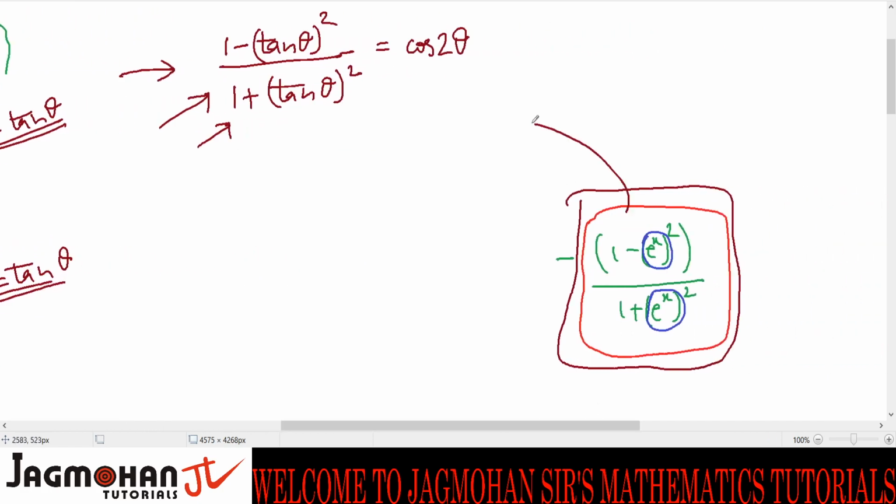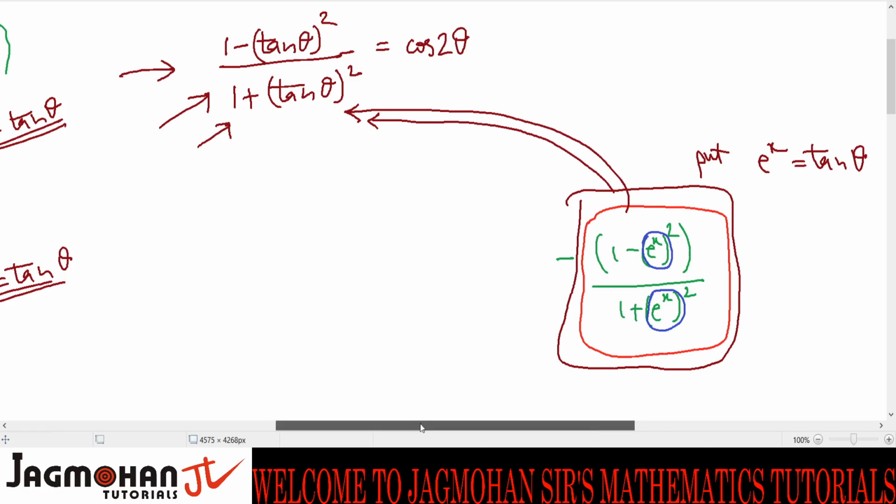Further, if from this expression I want this formula, what should I do? Students, tell me. Take your own time. Very good. I will put e raised to x equals tan theta. So what I want you to understand is that in this video and the coming video I am going to teach you substitution.